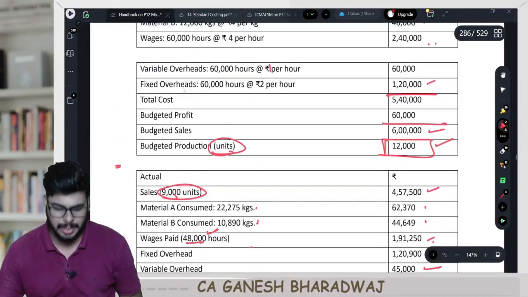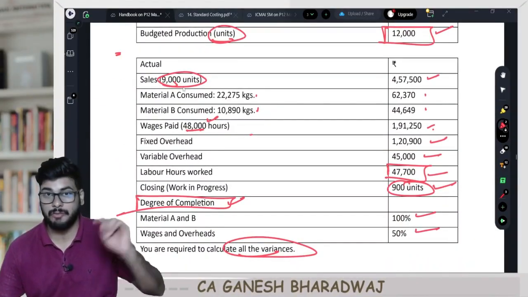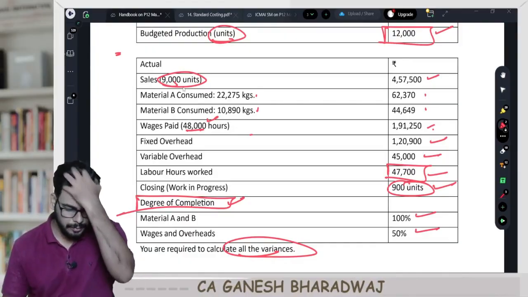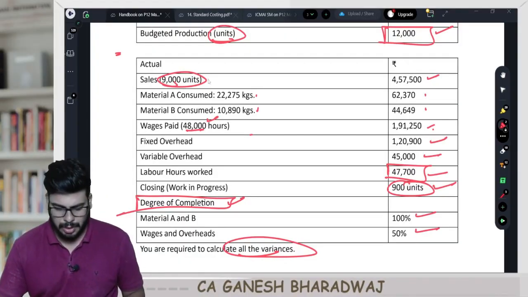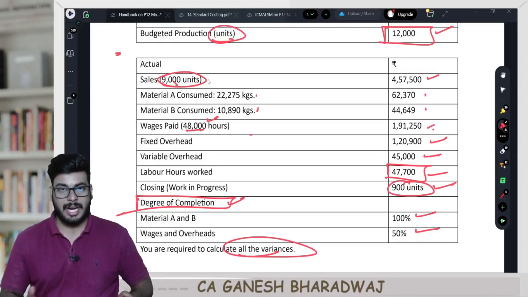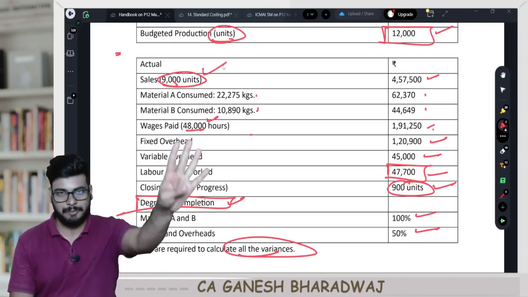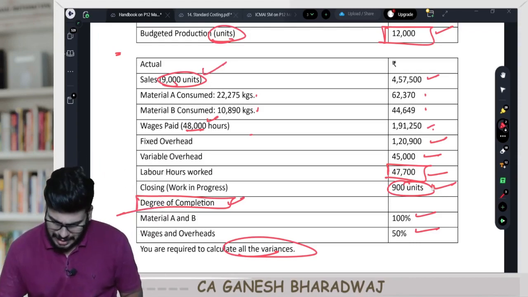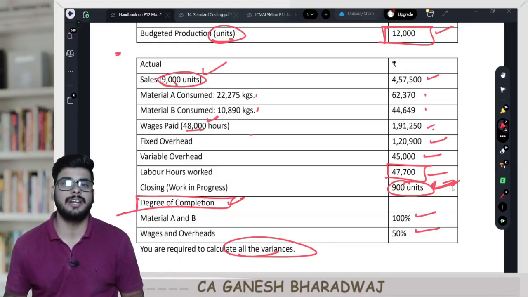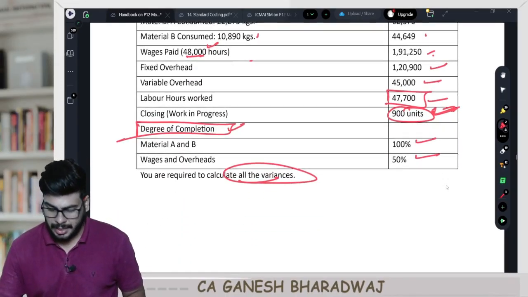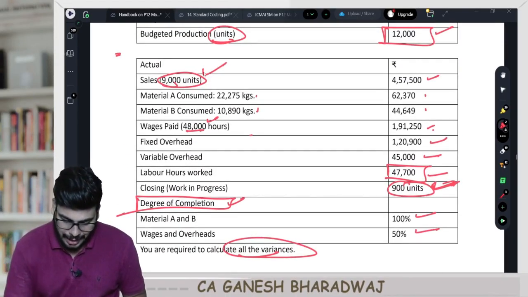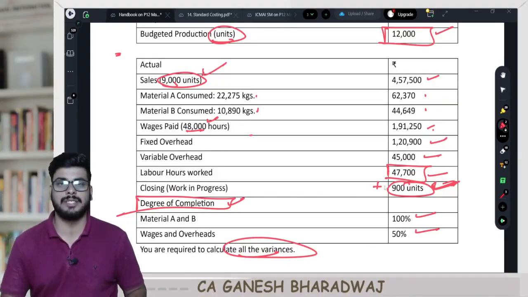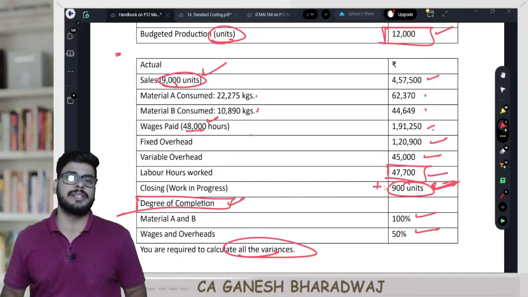So what is the total number of units produced? Now be very careful here. Sir, I was able to sell 9,000 units. So I produced 9,000 units plus some units I have kept in stock, 900 units. Now wait, I cannot add these 9,000 units with these 900 units and say, okay sir, totally I have produced 9,900 units.